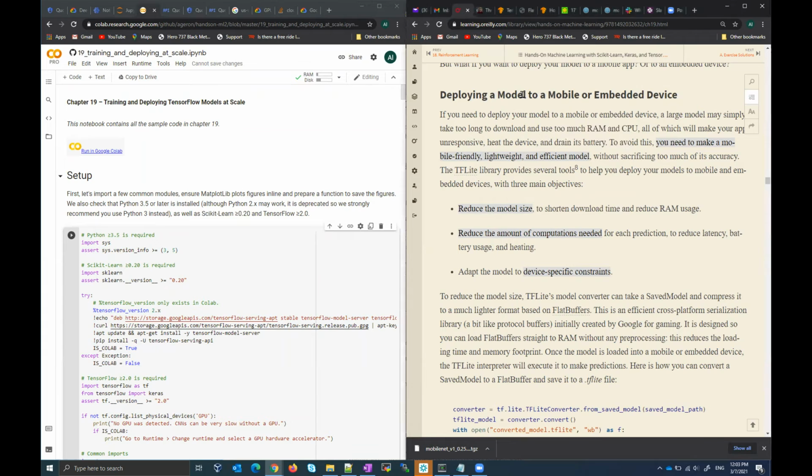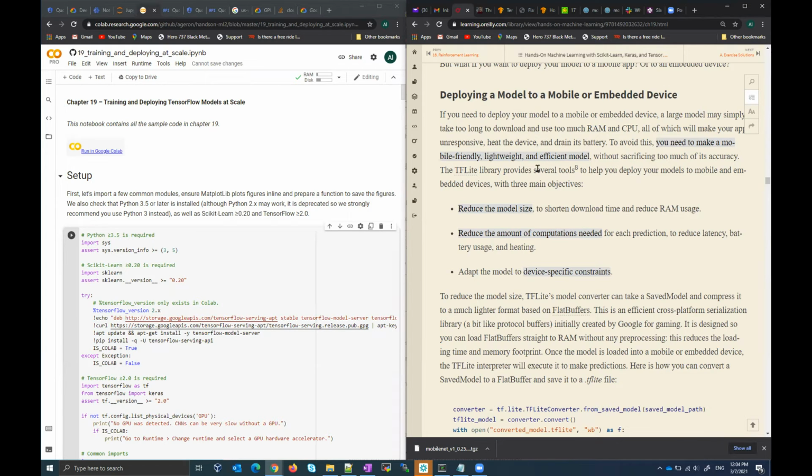Okay, deploying a model to mobile or embedded device. So TensorFlow has a library, TensorFlow Lite. We have some tools for this, and this helps make it easier to deploy the models to mobile devices or lightweight devices.